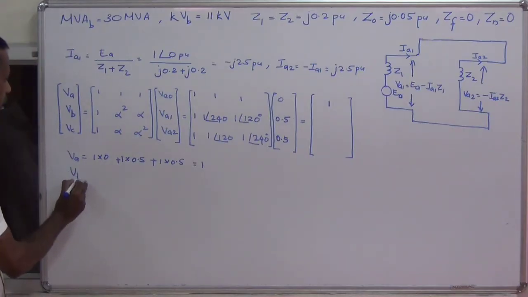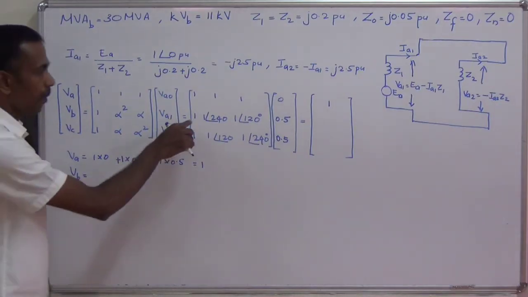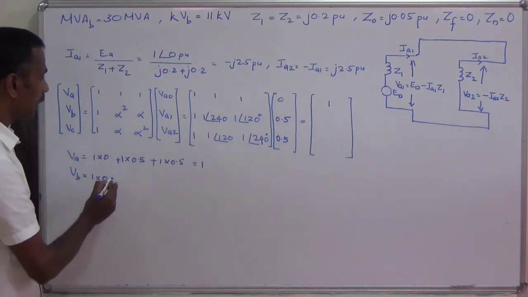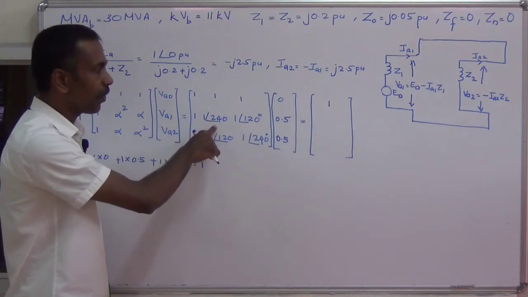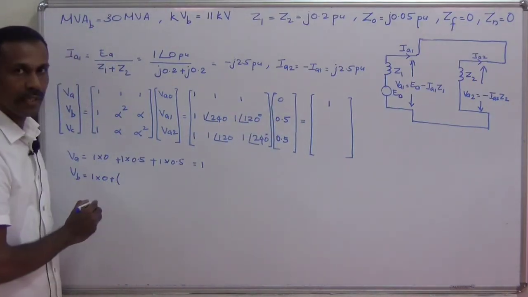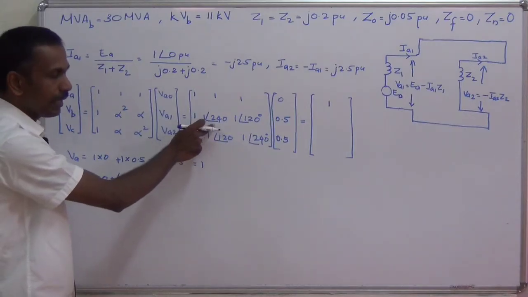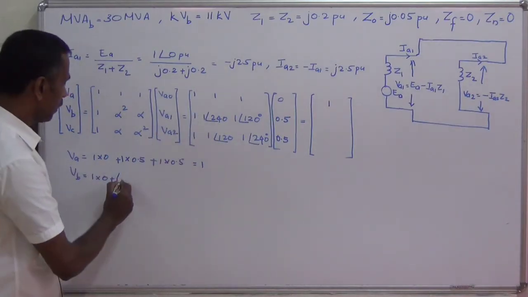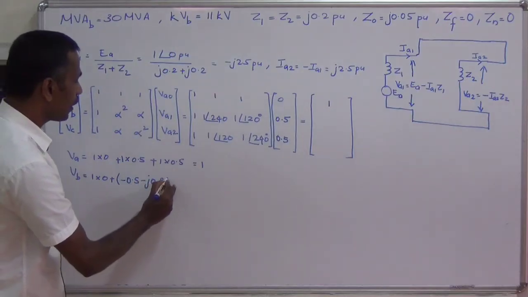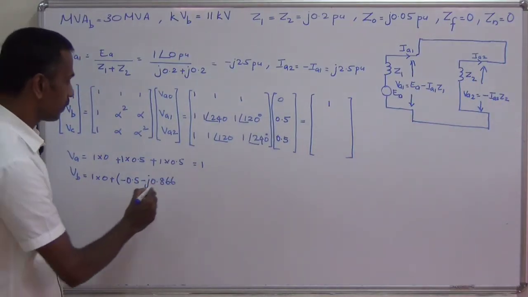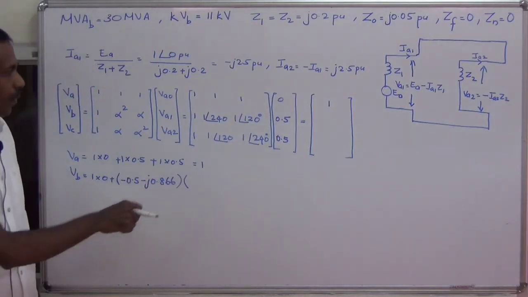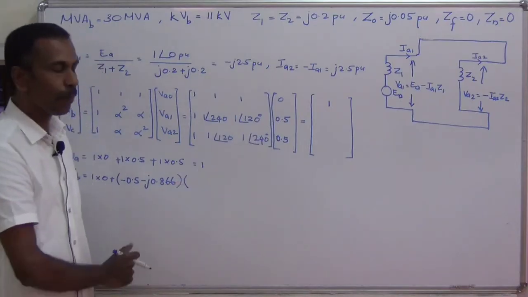And VB equals 1 into 0 plus 1 angle 240 into 0.5. 1 angle 240 in polar form has the equivalent rectangular form minus 0.5 minus j 0.866, into 0.5.